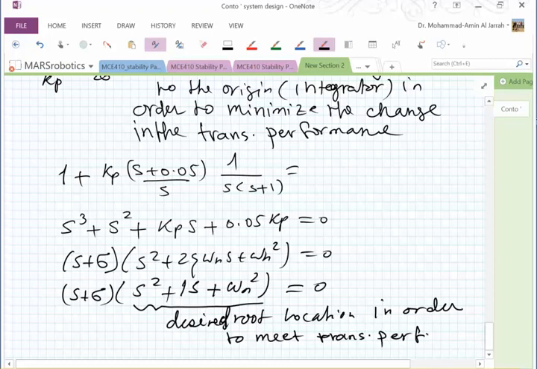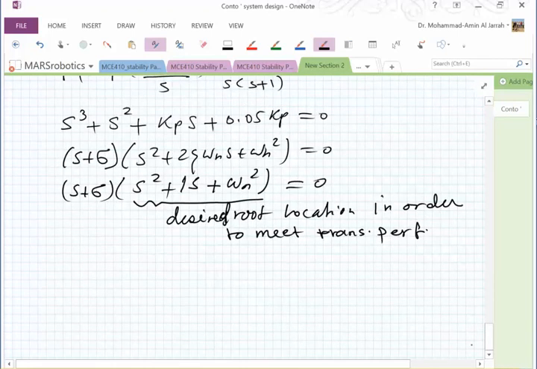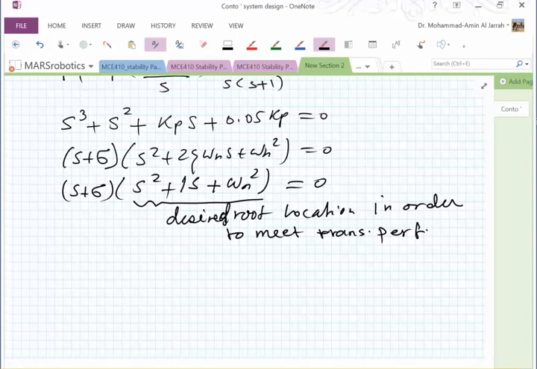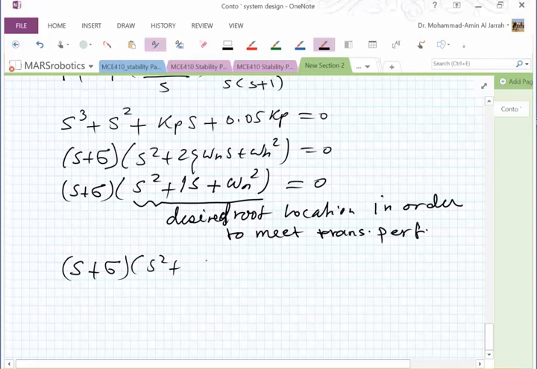This did not change, right? Omega n is the same, because on the root locus we do not want to change omega n, and we calculated it before, it was 0.7. So 0.7 squared is 0.5, right? So this is S plus sigma times S squared plus S plus 0.5. This is the desired system performance from which we can find sigma.